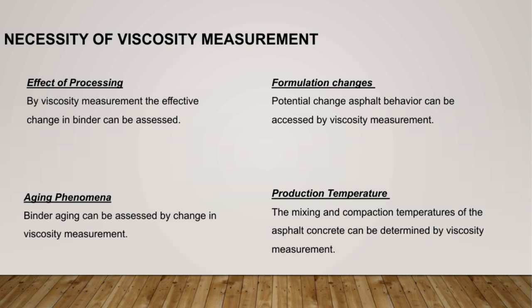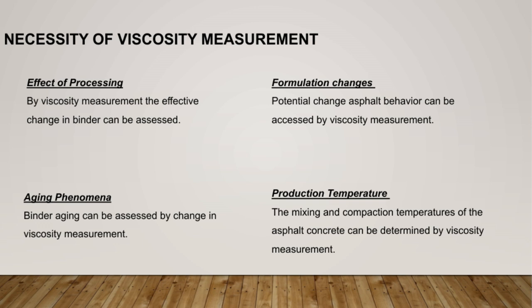Now, regarding production temperature, viscosity measurement helps us determine the optimal mixing and compaction temperatures for asphalt concrete. Ensuring the right temperature is vital for proper workability and compaction, which ultimately affects the quality of the pavement. Lastly, the effect of processing can be assessed through viscosity.